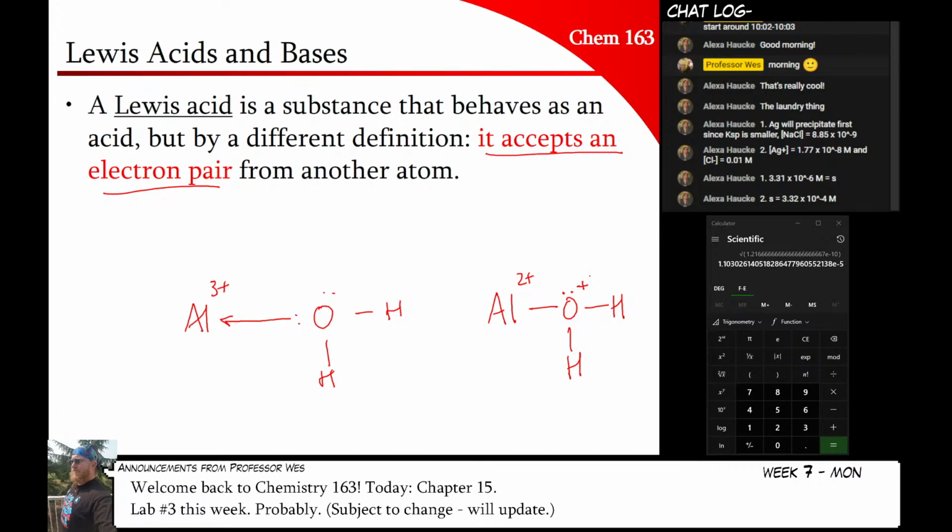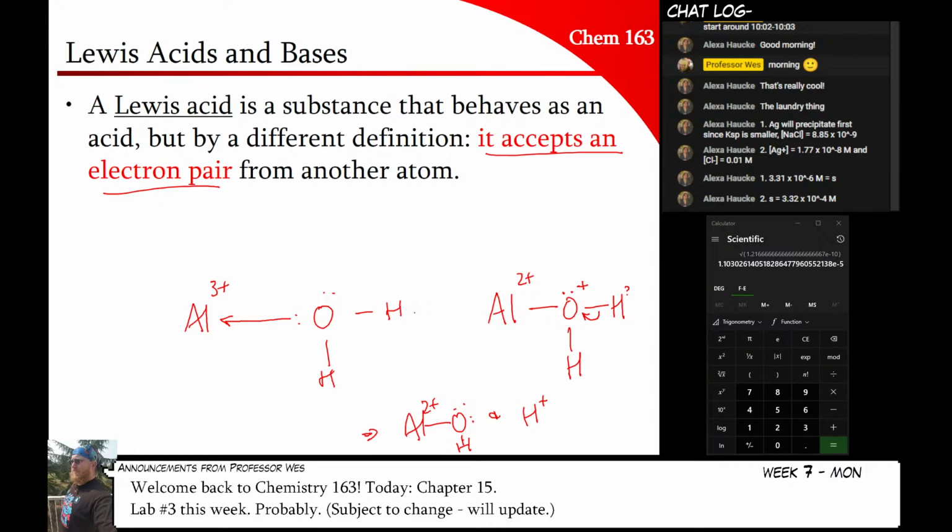Don't be ridiculous here. Some of the electrons are just going to come back onto water. And the end result is that you get something that looks like this. I really didn't want to put the H down there, but that's okay.